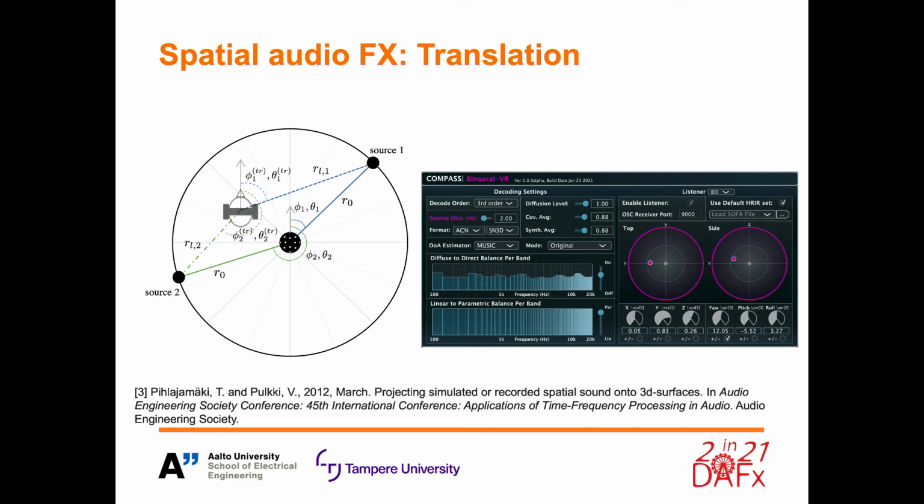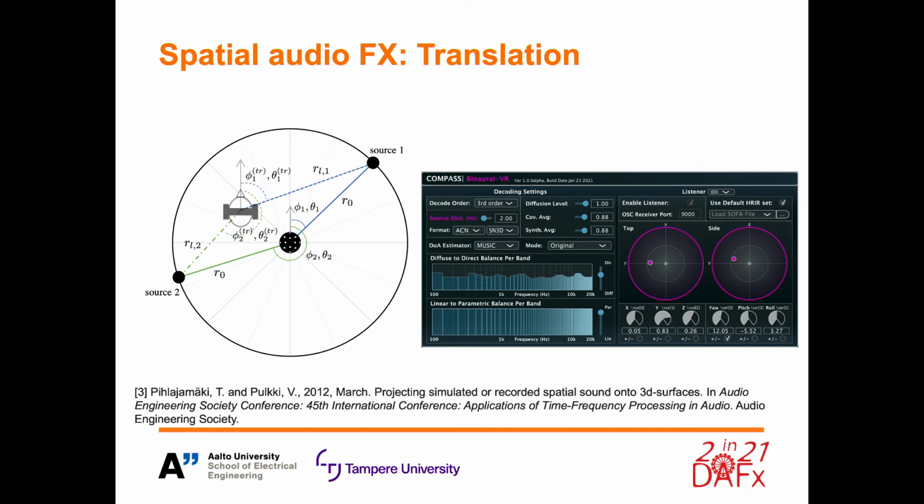So the first effect we revisited was listener translation around a single ambisonic receiver. This works by first projecting the direction of arrival estimates onto a 3D surface, which dictates the source distances. So the main limitation is that the source distances need to either be known or assumed.